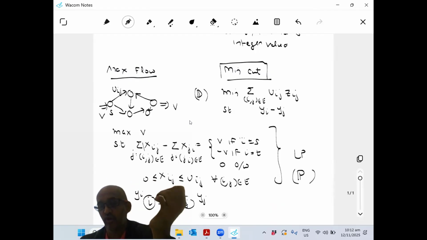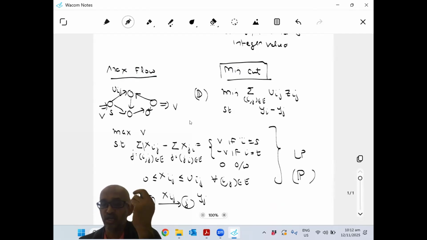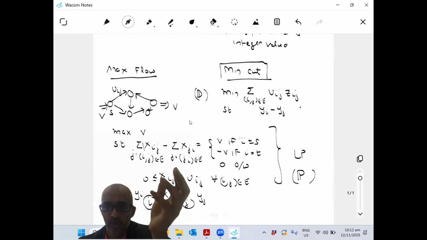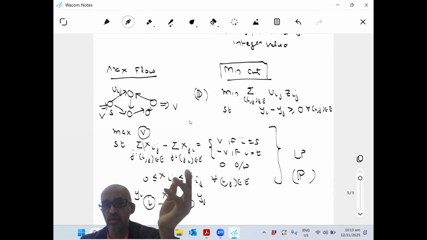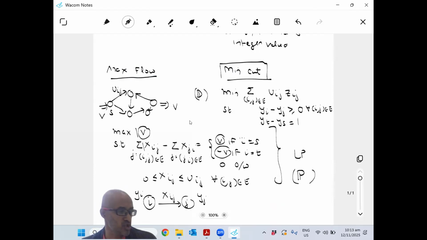Because the arcs have no costs, the objective contribution is 0, and Xij is non-negative, so this should be greater than or equal to 0. That is for every arc in the graph, except for this V, where you will get a minus Ys plus Yt. So there'll be a constraint saying Yt minus Ys equal to 1. That's my dual formulation.